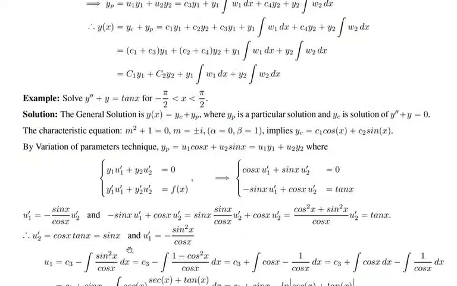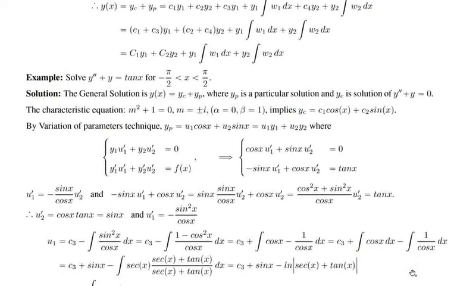Sine squared x is nothing but 1 minus cosine squared x. So I'm going to get constant c3 plus the antiderivative of cosine x minus the antiderivative of 1 over cosine x.